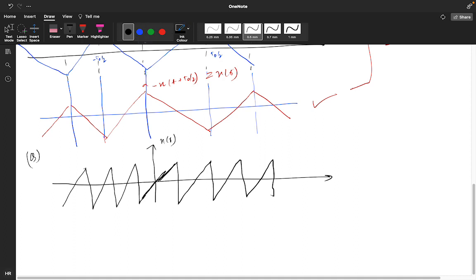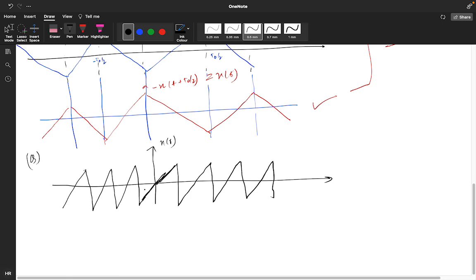It's starting from this. You have to assume what will be your time period. I am taking this as minus t naught by 2 and this as t naught by 2.